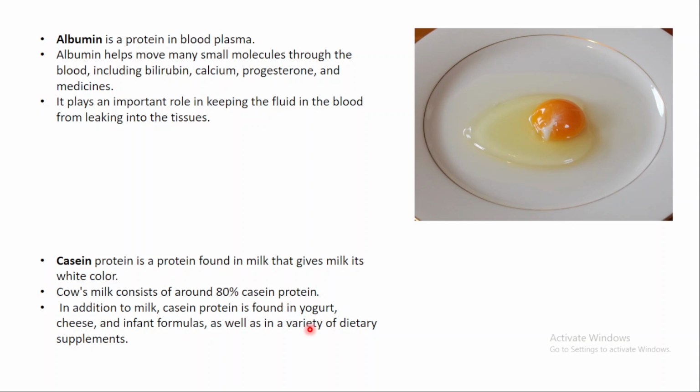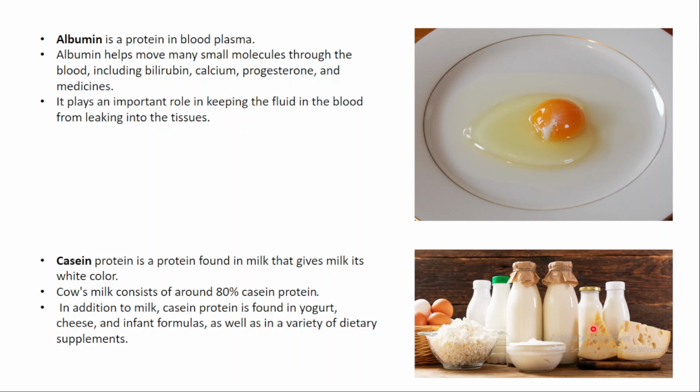Cheese, curd, and yogurt all have casein protein, and casein is the reason why milk appears white in color. So here is a depiction. All these, cheese and milk, have casein protein. So it is also an animal protein from the cow. Even human milk contains casein. So albumin done, casein done.